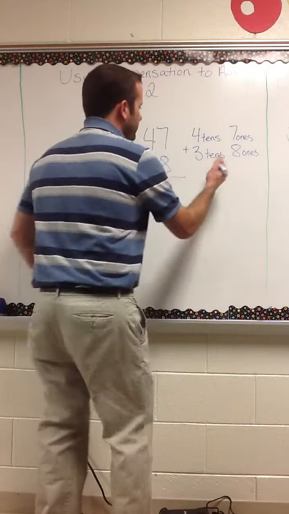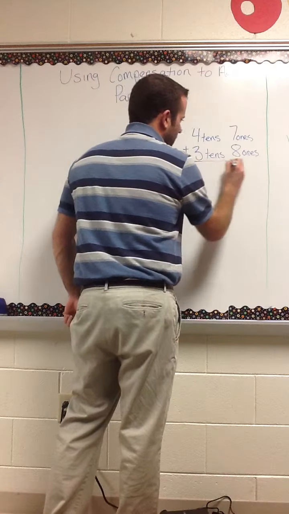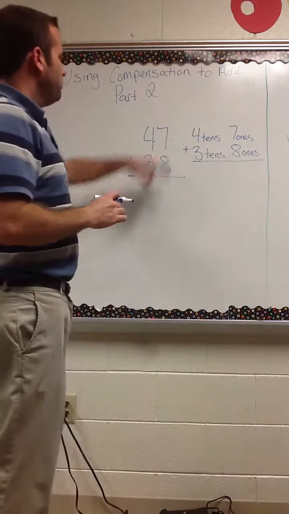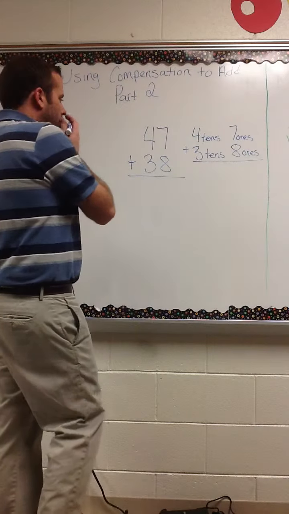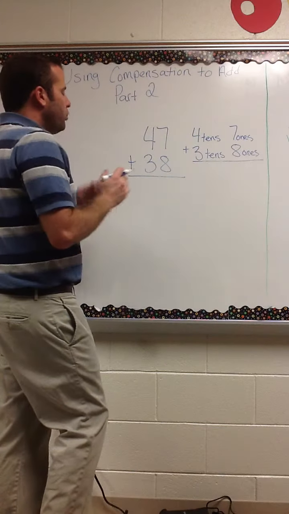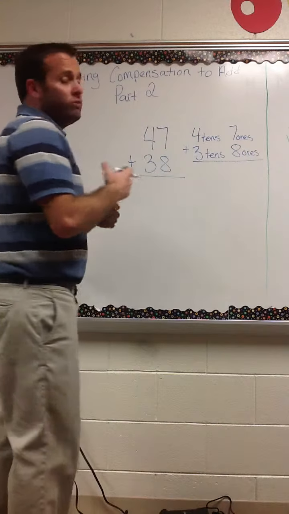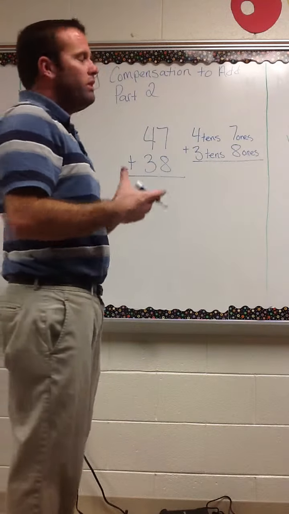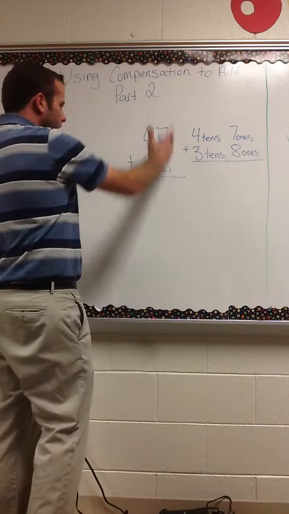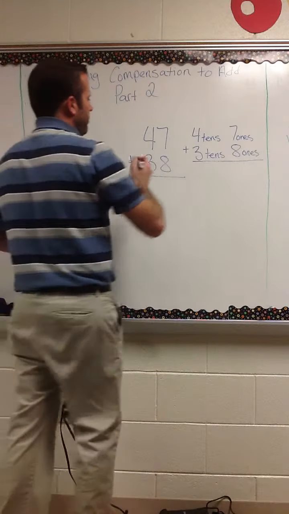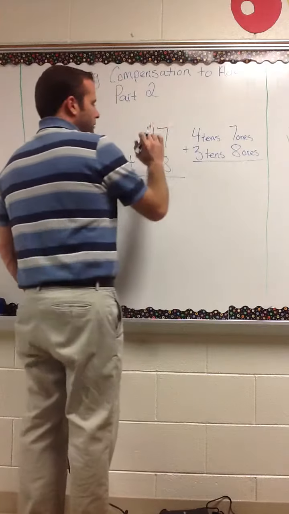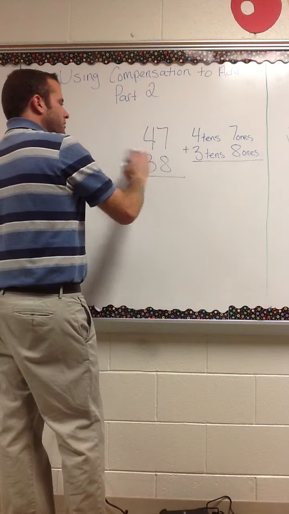We'll do these side by side so we can see the written process and then the thought process. Of course, when we add, we start in the ones place, the smallest place value available. If we're only adding whole numbers, we always start in the ones place. And I'm going to think I'm adding 7 plus 8.